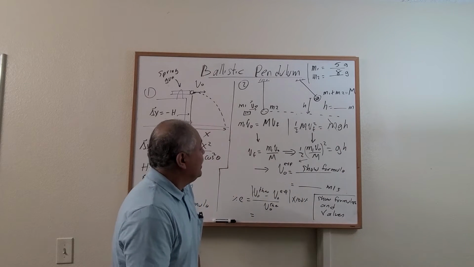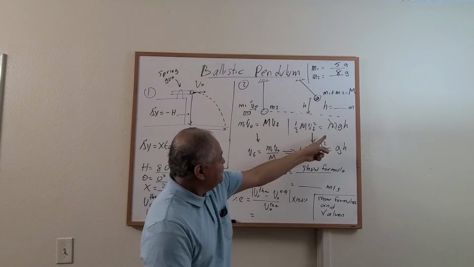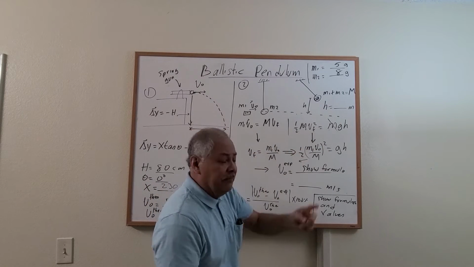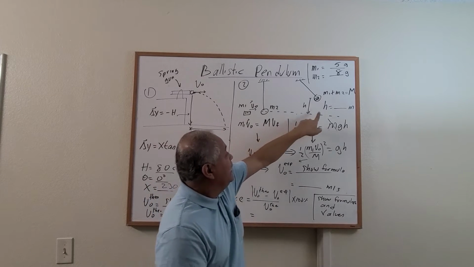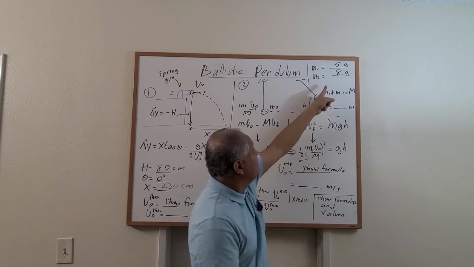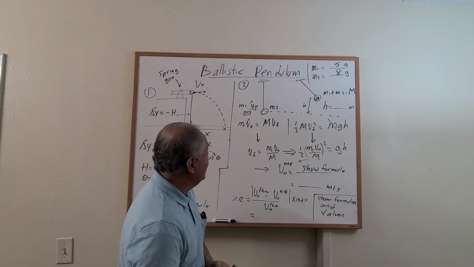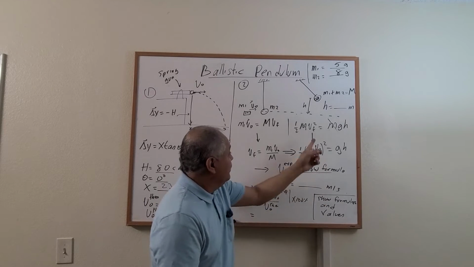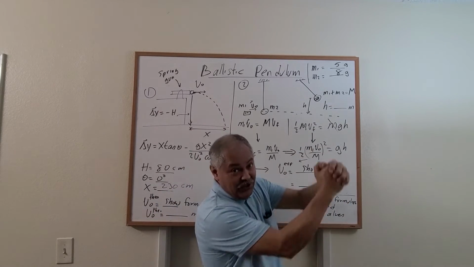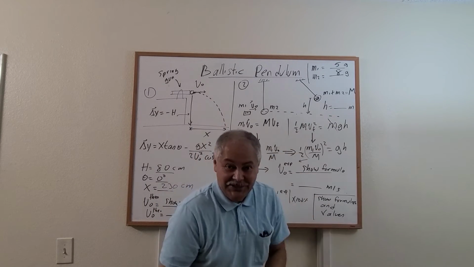Okay, so with conservation of energy, we have kinetic energy. In this case, big M is the total mass, M1 plus M2. That's going to be 1/2 M final velocity squared equals potential energy, Mgh.